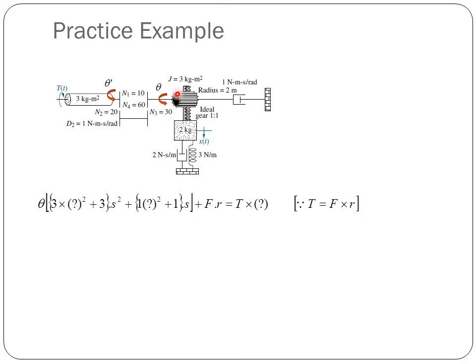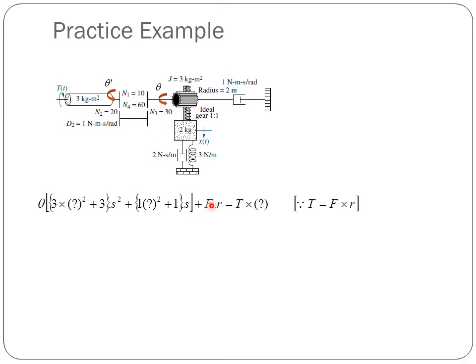Radius is the radius of this gear, because this force is working on the periphery of this rotational gear, and if it is multiplied with the radius R, then we will get the induced torque in this theta. Okay, so this is the basic equation.